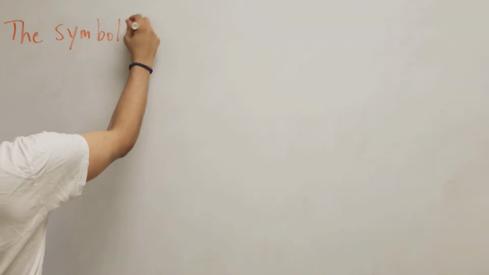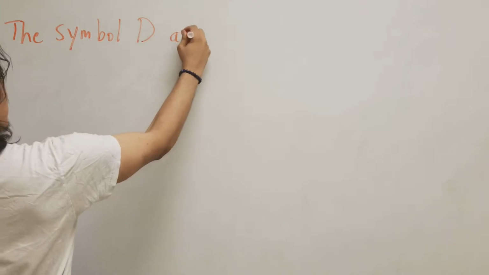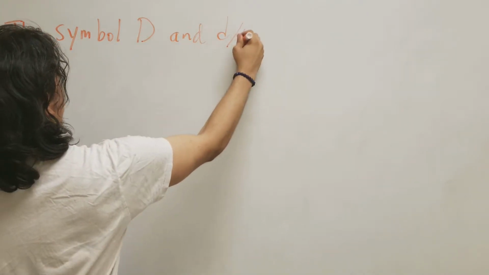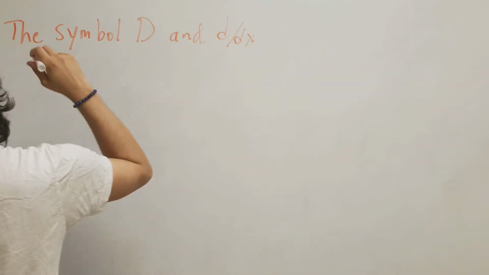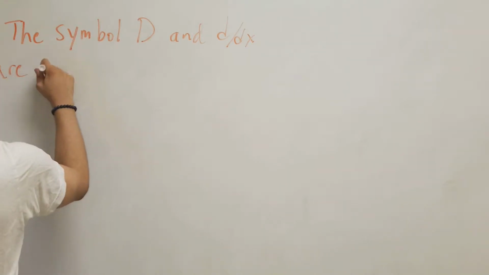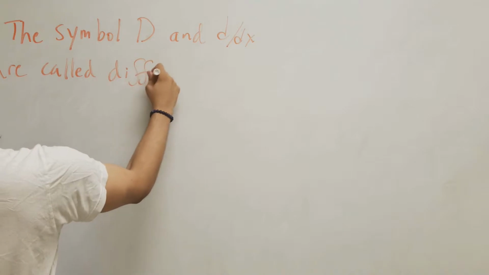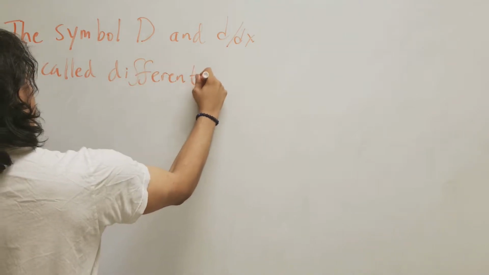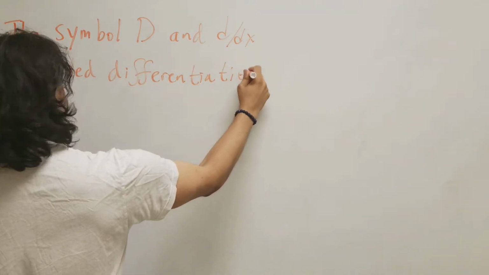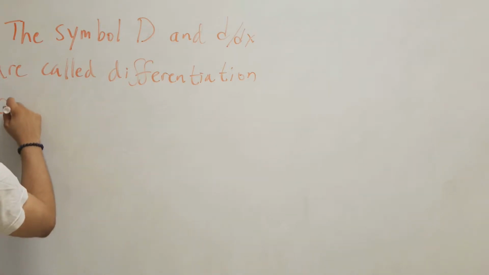The symbol d and d over dx are called differentiation operators.